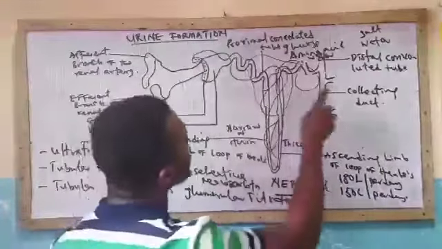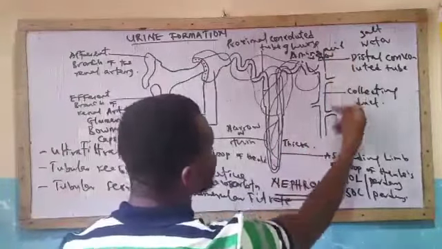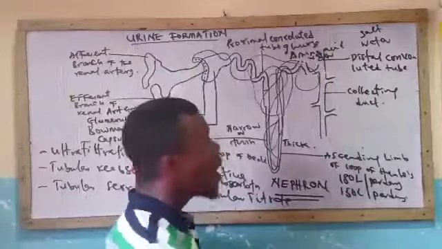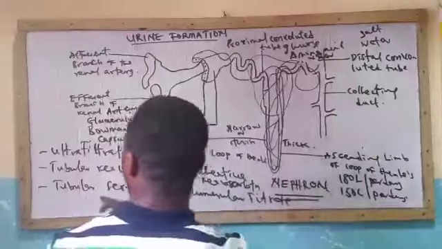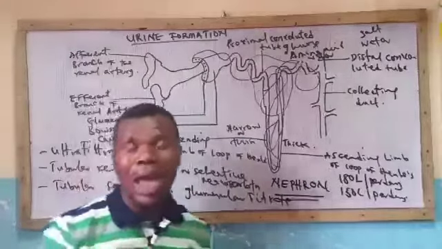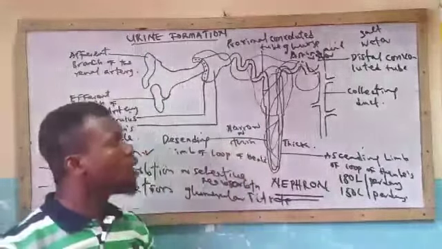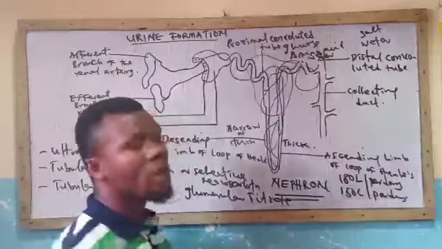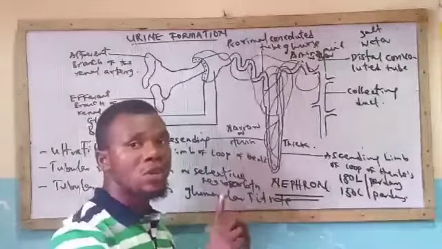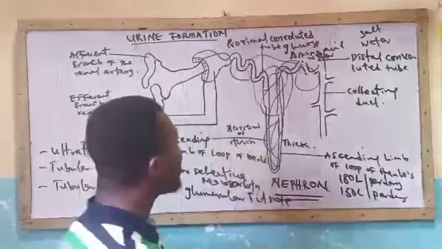Now, after this whole process, we get to the last stage, which is the collecting duct. At the collecting duct, that is where tubular secretion occurs. At this process, reabsorption of excess water is achieved by a hormone called ADH.